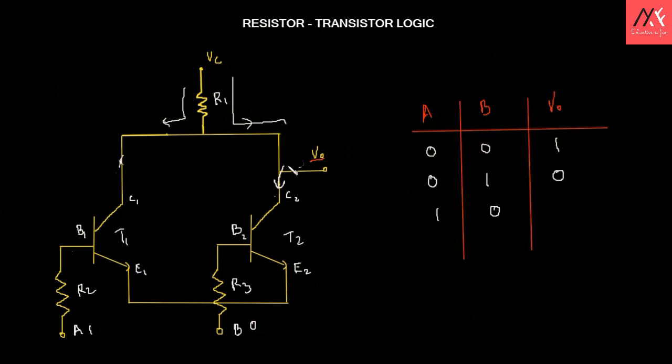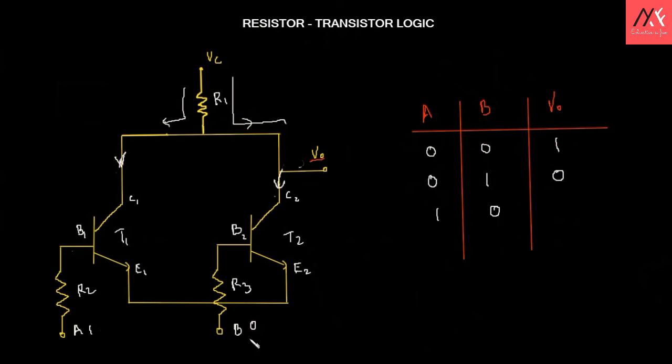So transistor T1 now will be conducting, and it is not in the cutoff region anymore. So from VCC, the current will be coming, charges will be coming, and majority of the charges will be flowing towards C1, right?